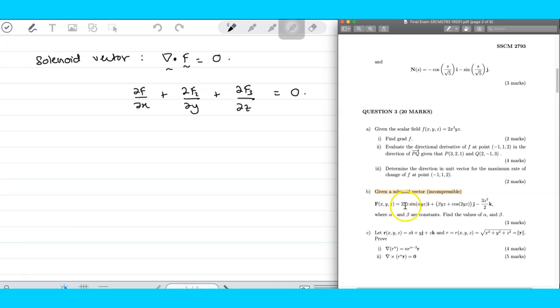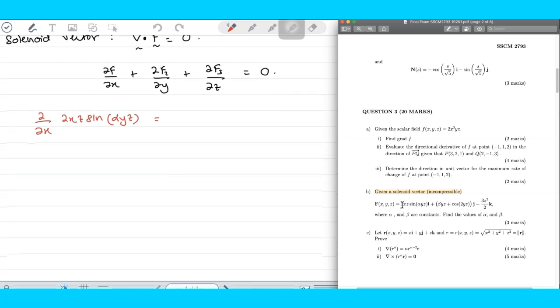So you have to take each component here and differentiate. The first component is 2xz sine of alpha yz, and we differentiate with respect to x.